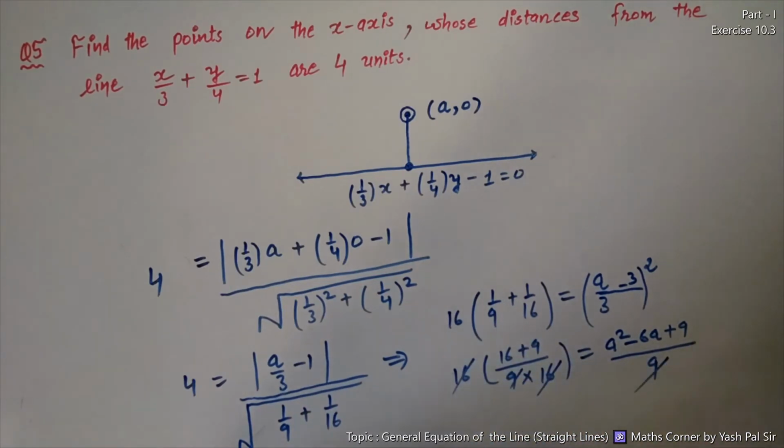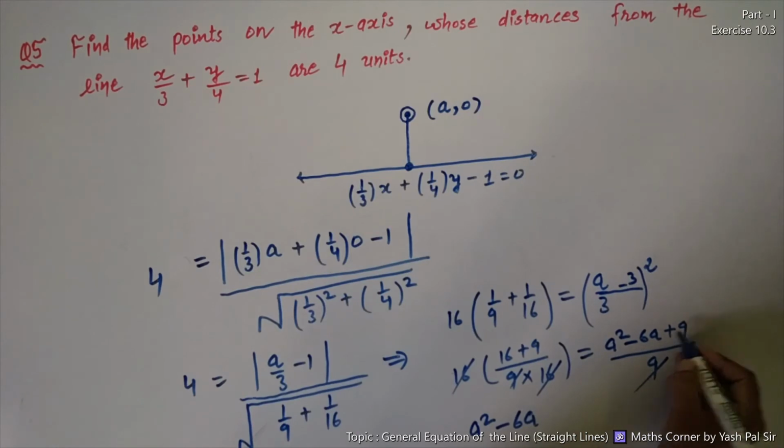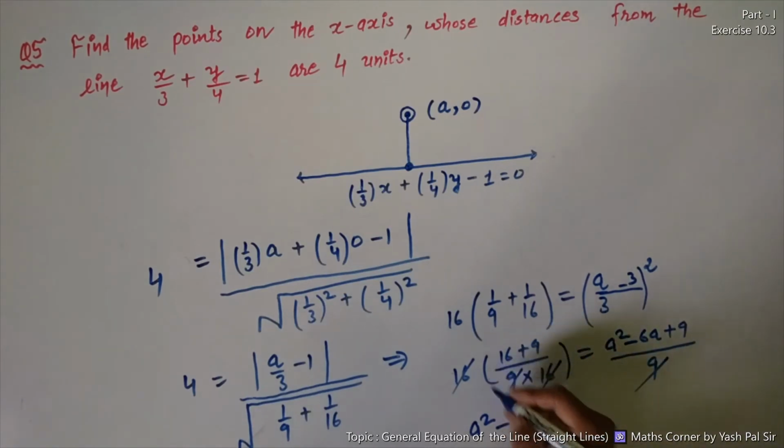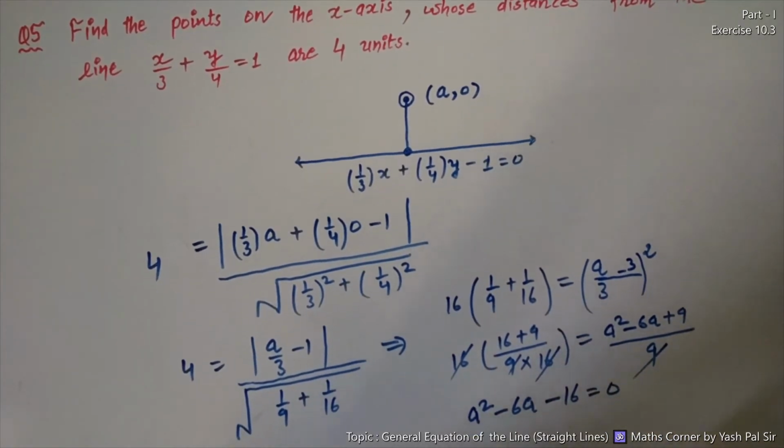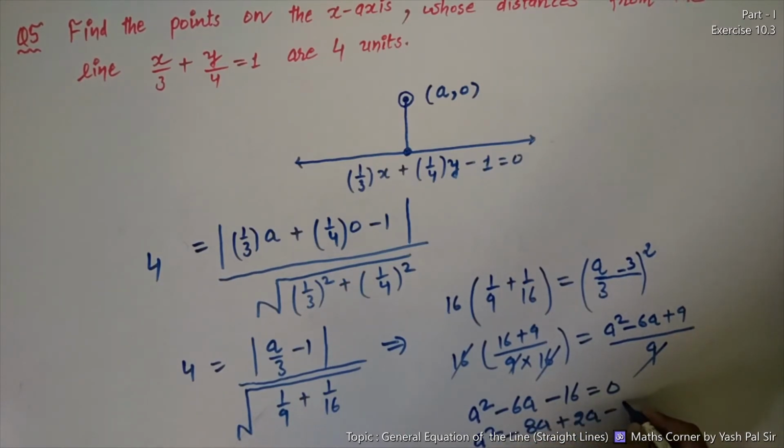So 16 and 16 cancel, 9 on the left side and right side cancel, so we are left with a square minus 6a plus 9, minus 16 is equal to 0. By factorization we have a square minus 8a plus 2a minus 16 is equal to 0.